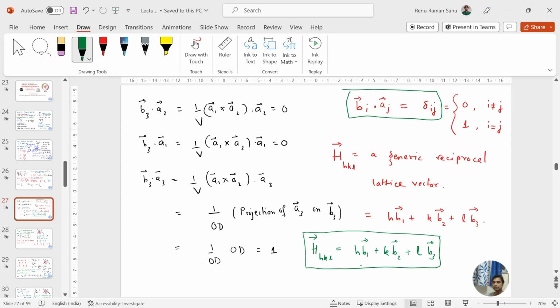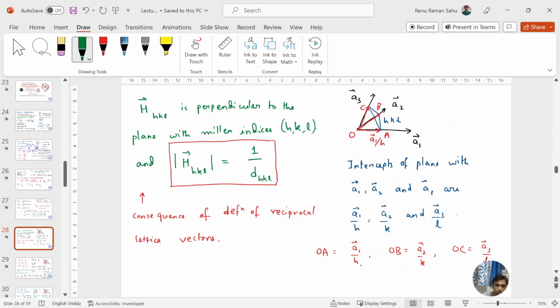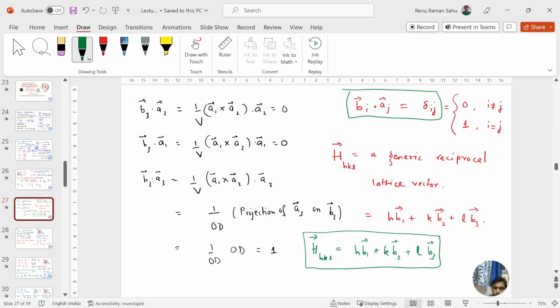Now let us see what all information we can have about this, once we define this H of hkl as h b1 plus k b2 plus l b3.